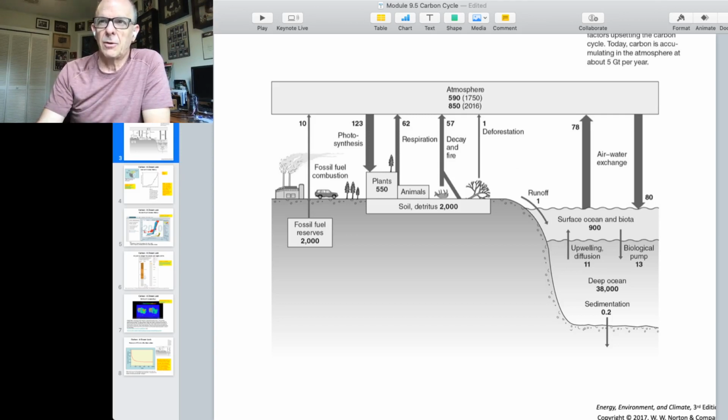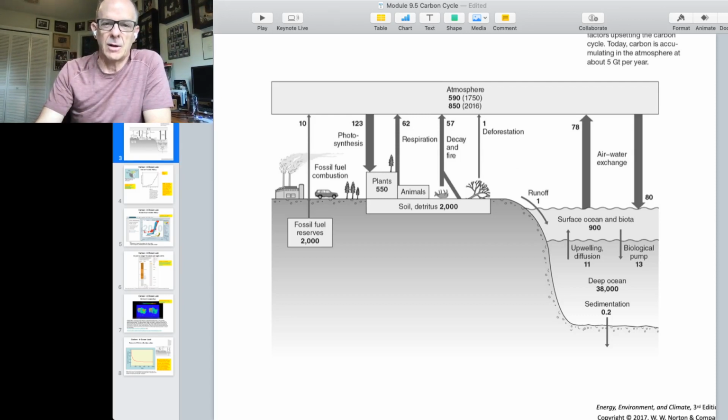That removes 123 gigatons of carbon from the atmosphere every year into plants. All the plants on the surface of the planet represent a reservoir of 550 gigatons. Well, the animals, you and I, and all the others, we breathe in oxygen, do chemical reactions, and we exhale carbon dioxide.